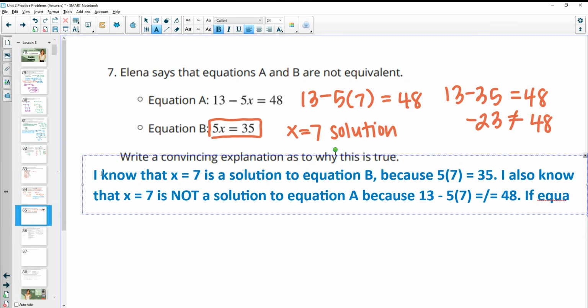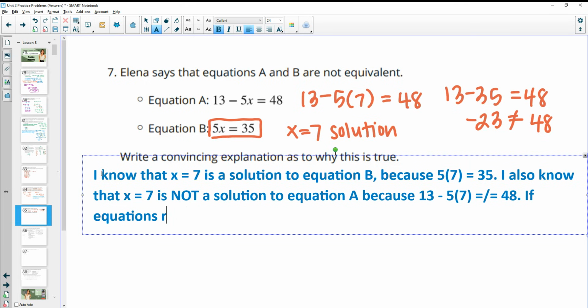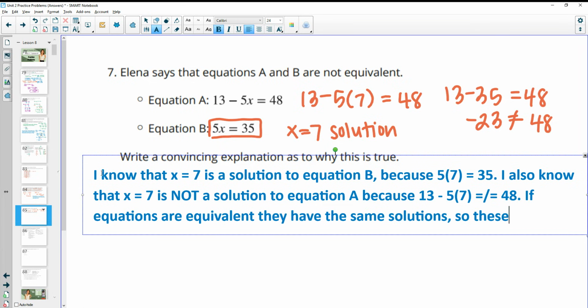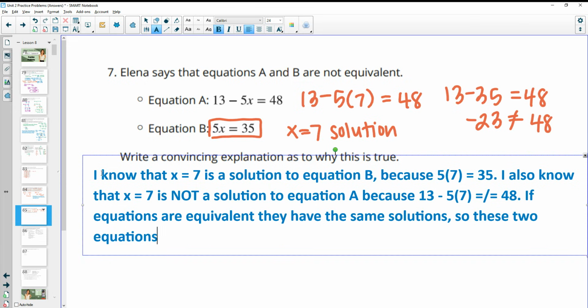If equations are equivalent, they have the same solutions. So these two equations are not equivalent.